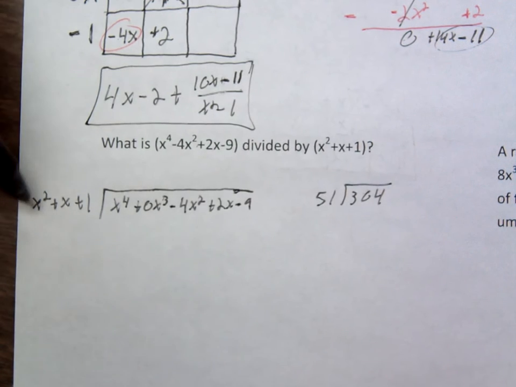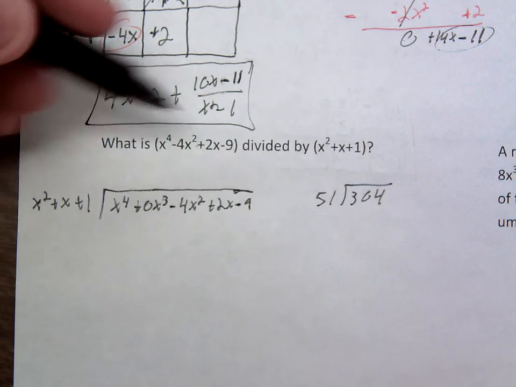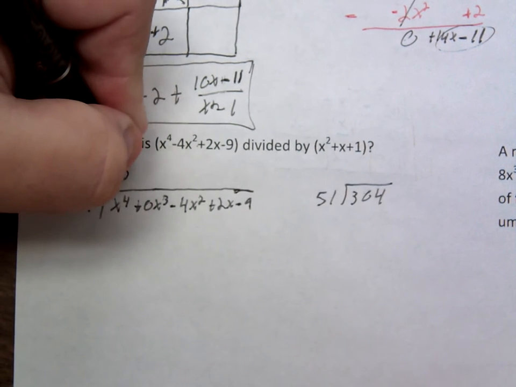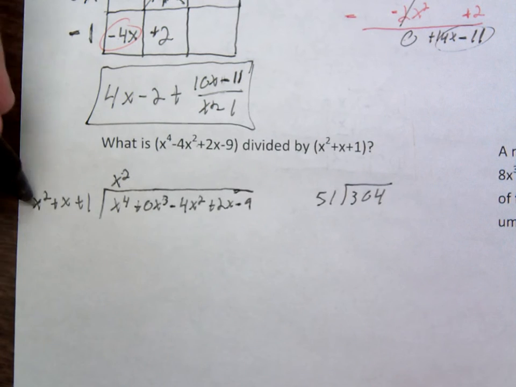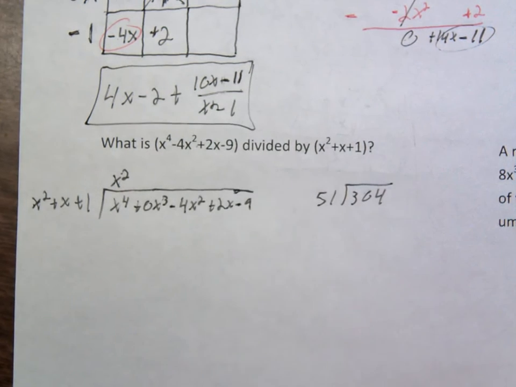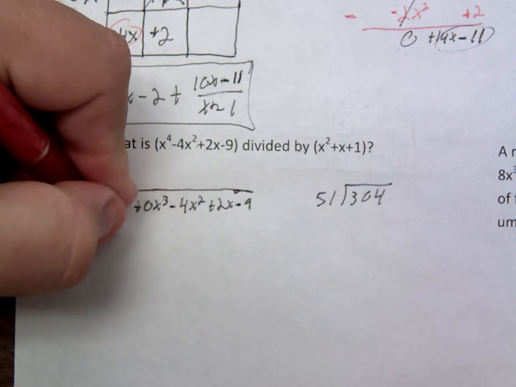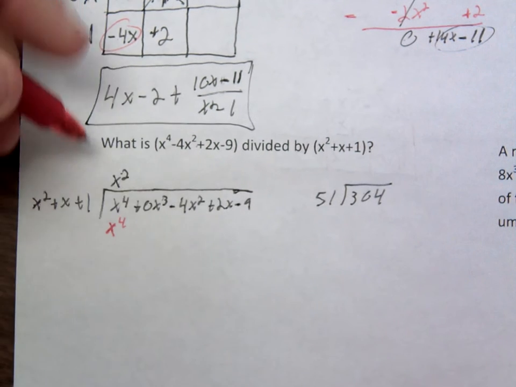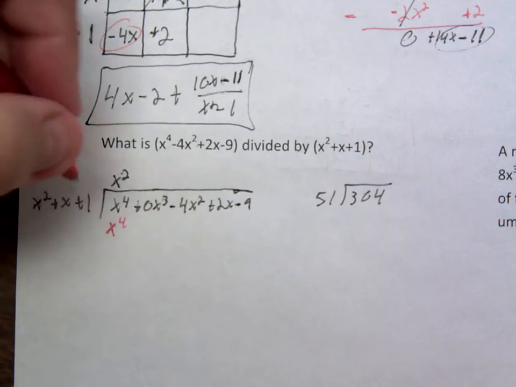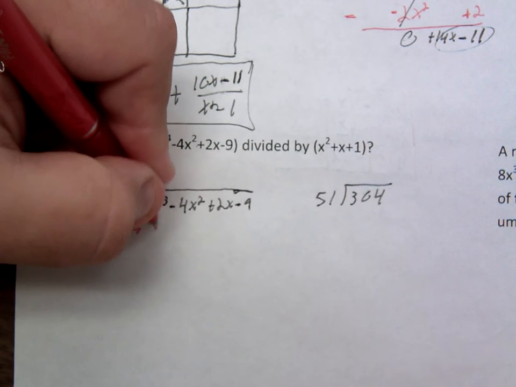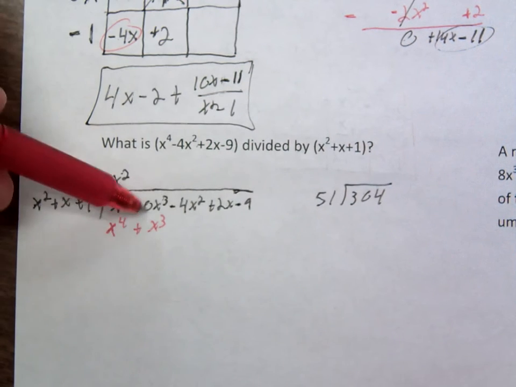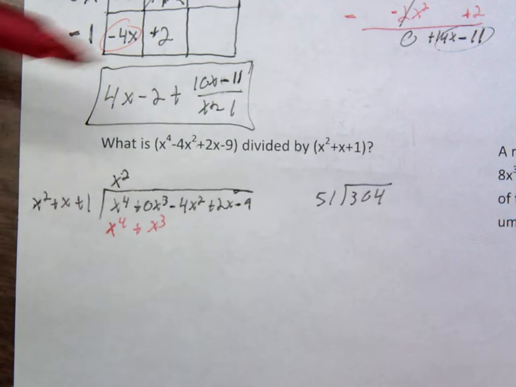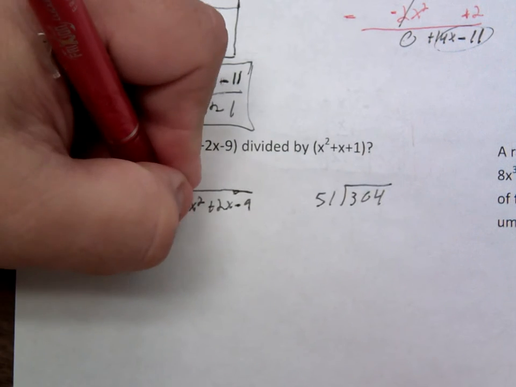All right, so let us go ahead and solve this. X squared goes into x to the fourth x squared times, because x squared times x squared will give us x to the fourth. Change color for dramatic effect. X squared times x is a positive x cubed, so that's x cubed. Notice it lines up nicely now. And then x squared times 1 is a plus 1x squared.